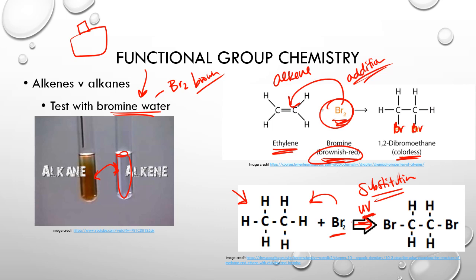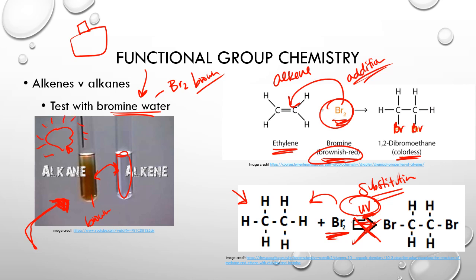If I keep my reaction happening in the dark, not that you could see a color in the dark, but let's say that we were not in a well-lit laboratory, but in somewhat dark spaces, adding the bromine water to the alkane, nothing's going to happen. If there's no UV radiation, no reaction is going to happen. That bromine water will stay bromine water and it will stay brown. It will not turn colorless unless you turn on the big bright lights.